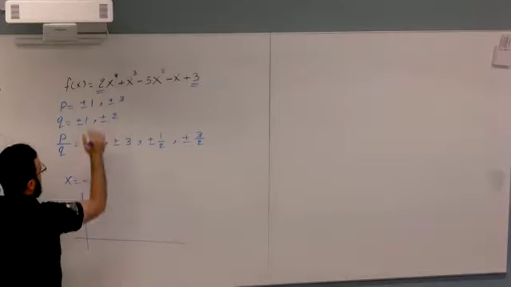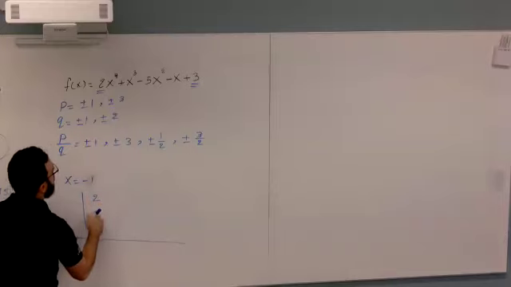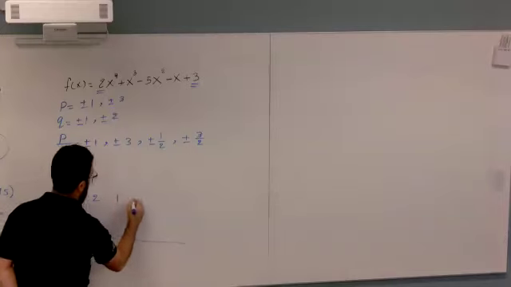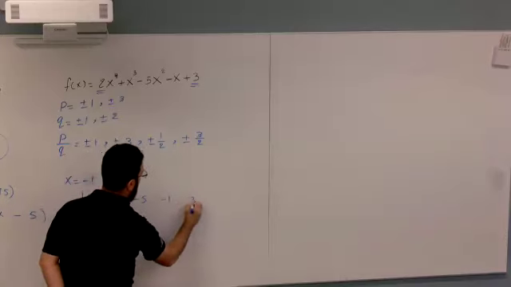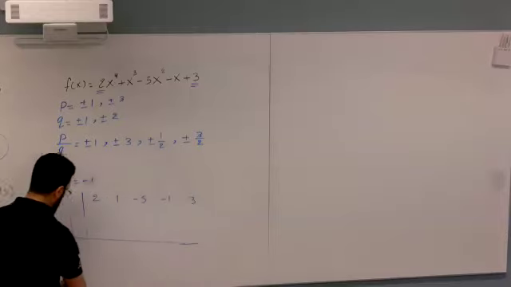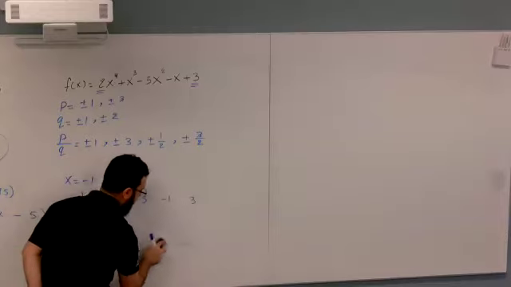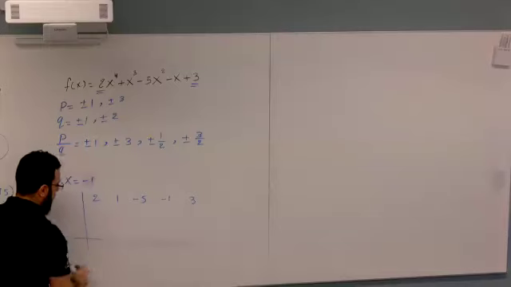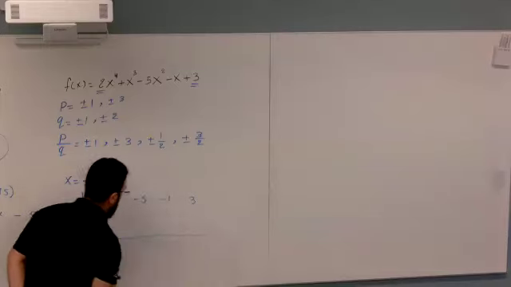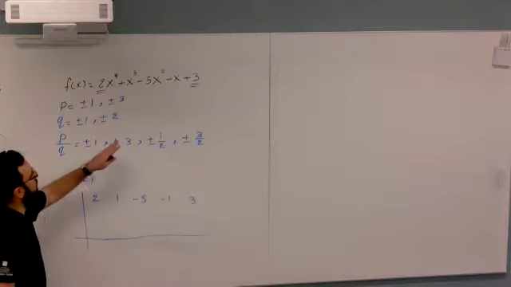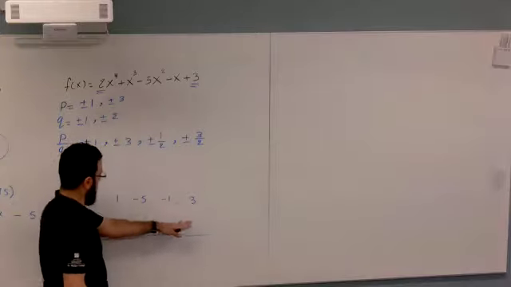So now we're going to put the coefficients, which are 2, 1, -5, -1, and 3. I have a question. What about if we have a missing term? Missing term, put a 0, yes. Be careful. Don't ignore the missing term. There is no missing term, so it's fine with us.